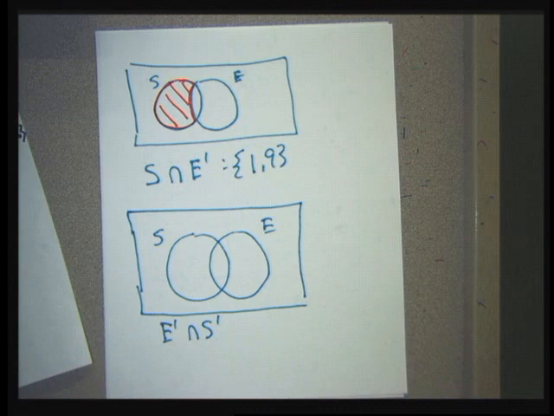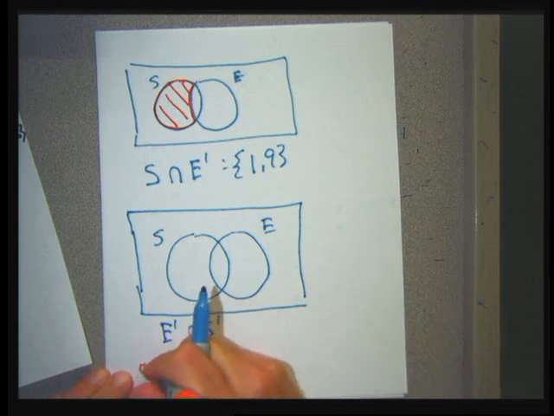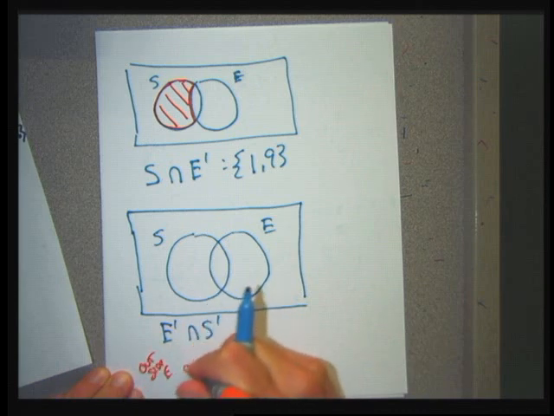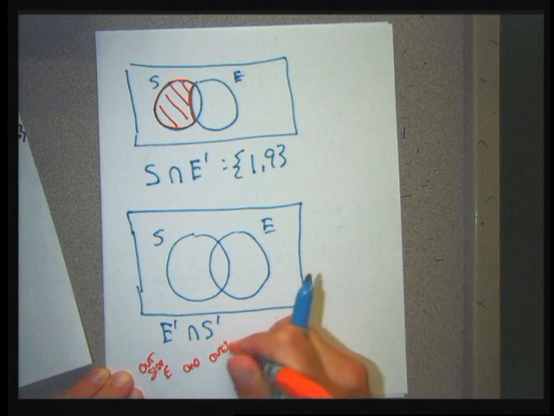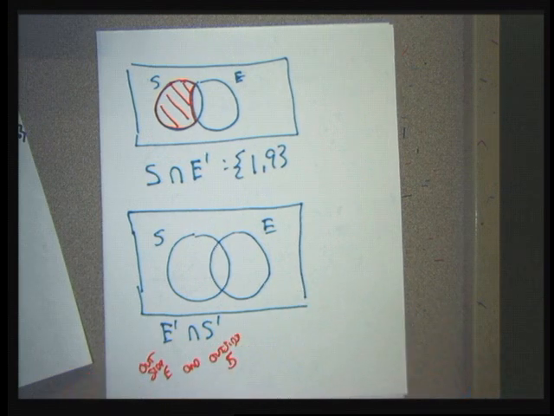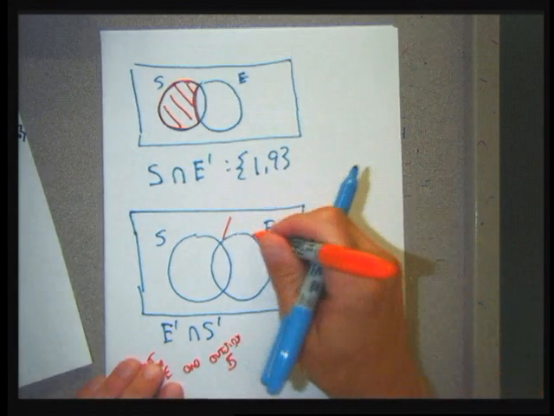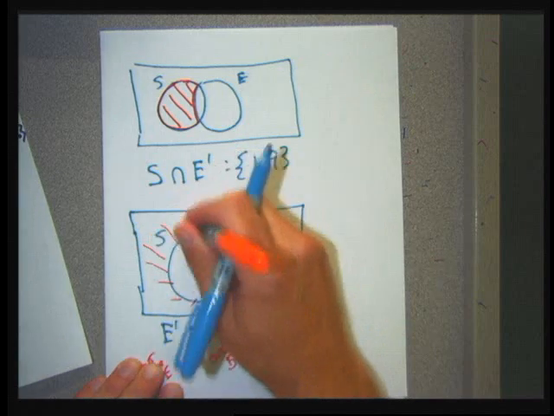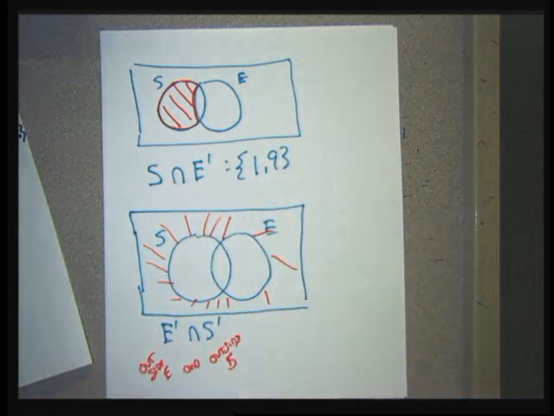This next one, E prime intersection S prime, I read as outside of the E and outside of the S. The region that's simultaneously outside the E circle and outside the S circle is this region out there. That's the region of the graph that's simultaneously outside both circles.